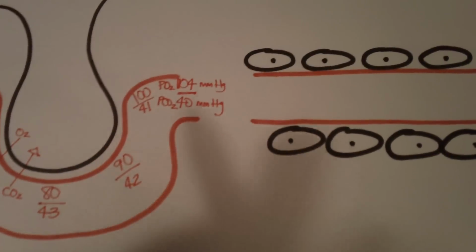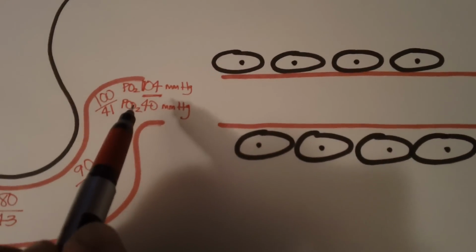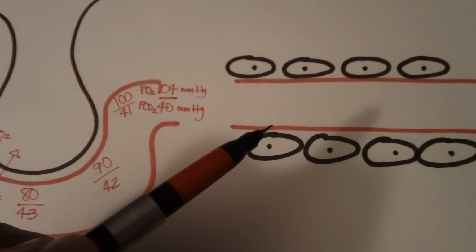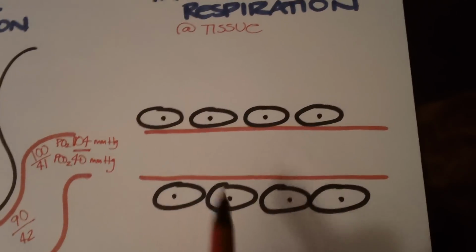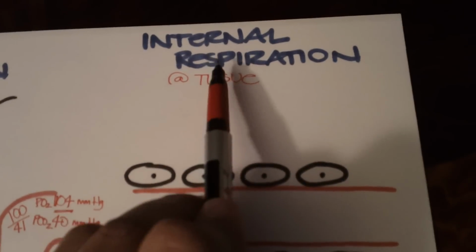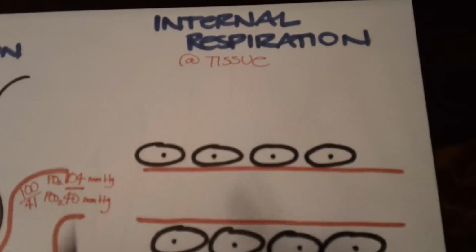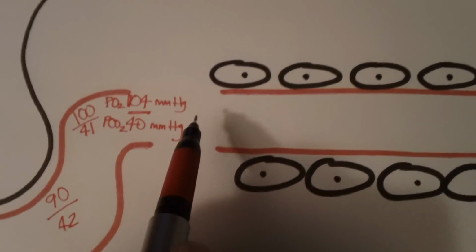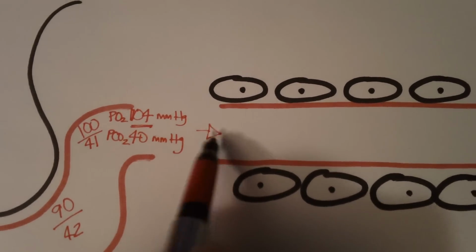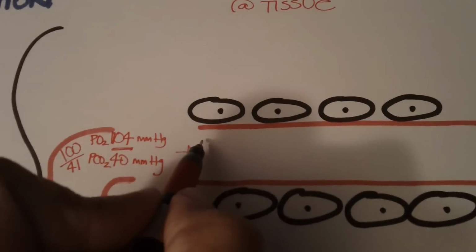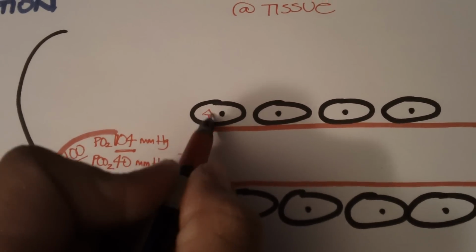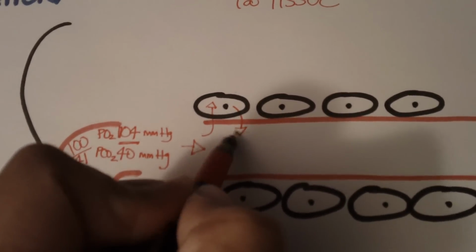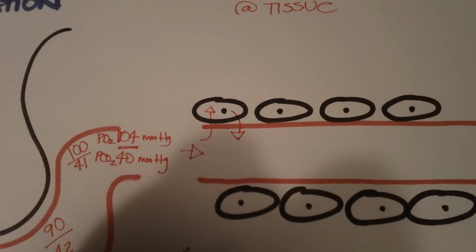Now that we are leaving the lungs, we're going to go out as oxygenated blood and go to the system to oxygenate all of our tissues. That is where internal respiration occurs, at the tissue level. So these are indeed the numbers that are going to enter and start offloading the oxygen into the cells and picking up the waste that they have been making, waiting for new blood to come through.